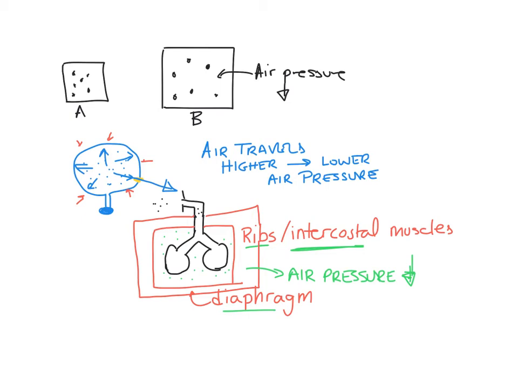And as that air pressure decreases, the air that was outside, which was equal in pressure, all of a sudden seems to be a higher pressure. And the air will come rushing into these lungs, and the lungs increase in size to take up that space that is now available to create the same amount of pressure on both sides.